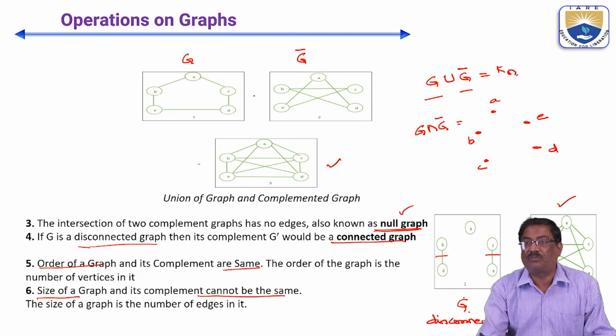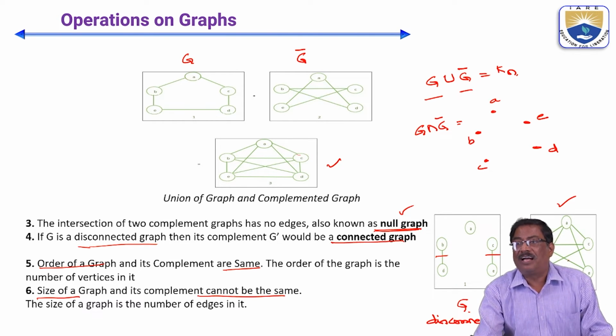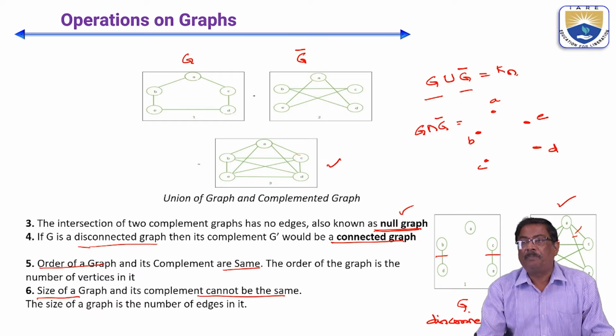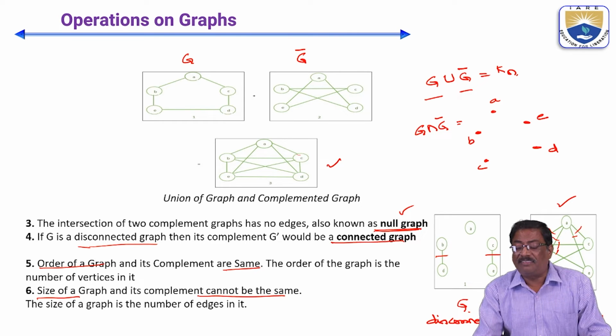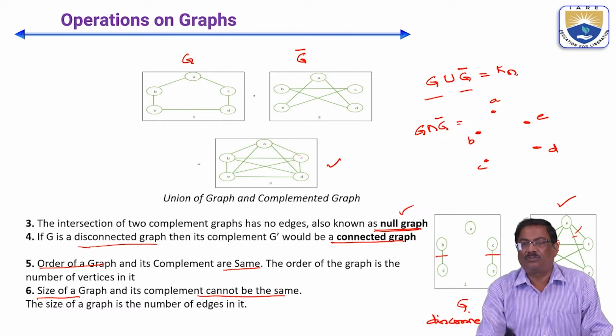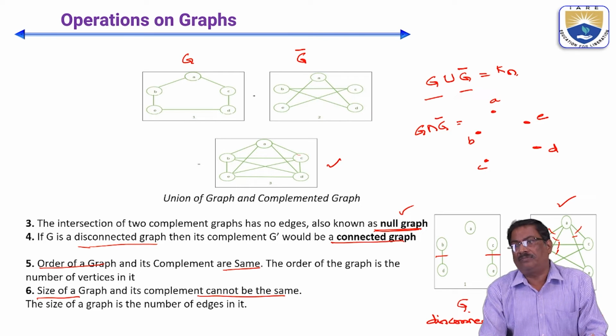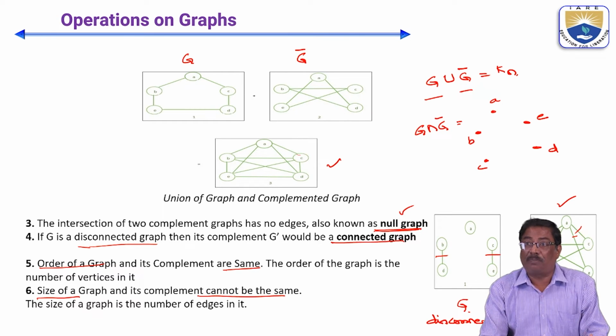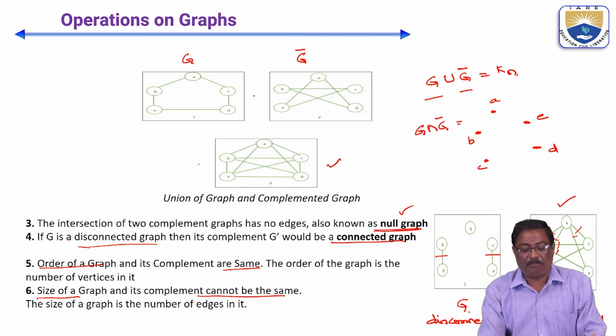The size of this graph is only 2, whereas for this one, counting 1, 2, 3, 4, 5, 6, 7, the size is 7. So the order is the same, but the size will not be the same. G as well as G bar have the same number of vertices, but the edges will not be the same.